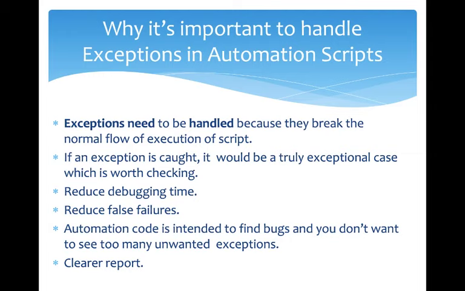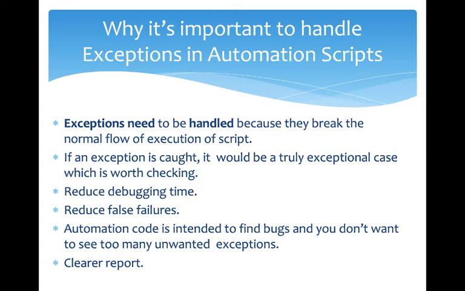First of all, I will go through why it's important to handle exceptions in automation scripts. This session I'm specifically targeting automation. The reason is that in automation the main intention is to find bugs, what's wrong in an application. But if we don't write our scripts correctly, and the user gives unexpected input because of which your script fails with an exception, you are not able to achieve the objective of your script.